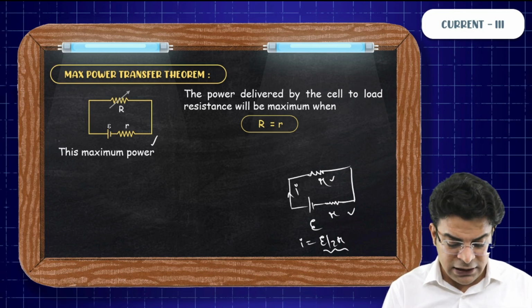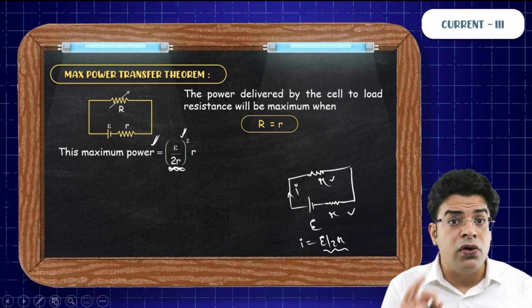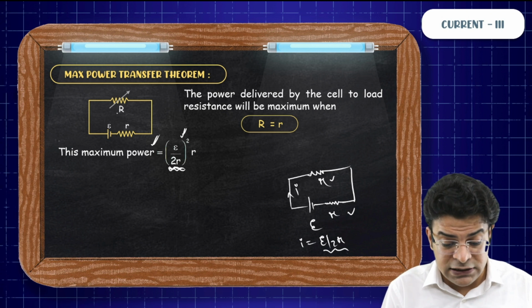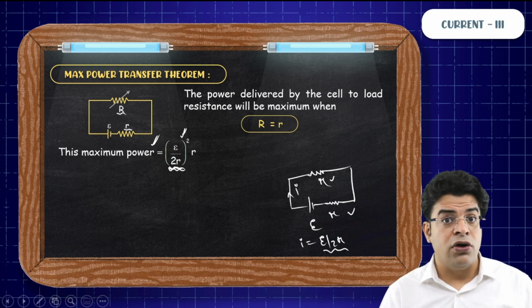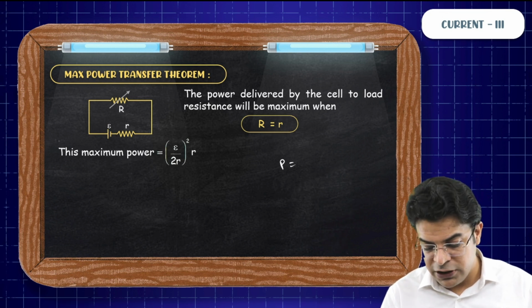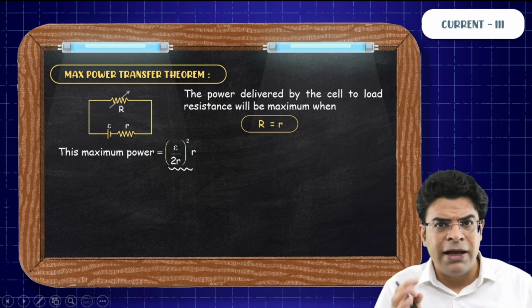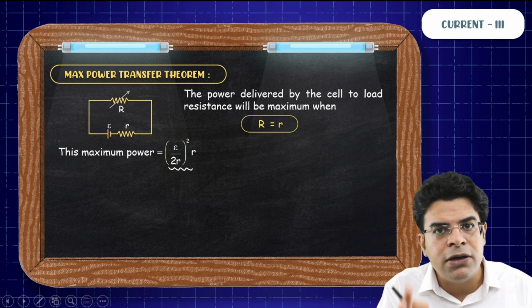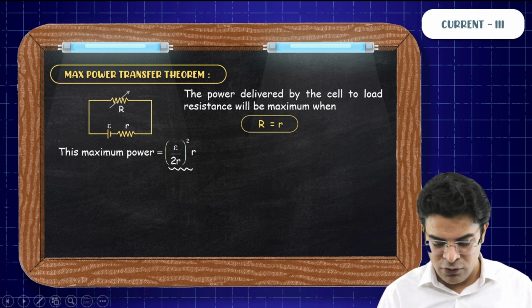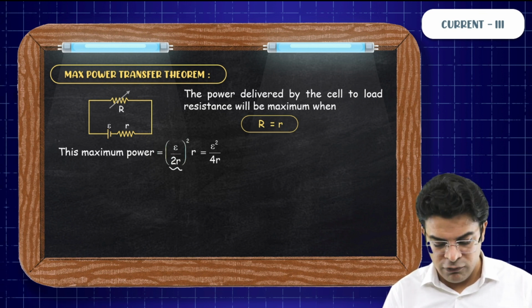So the maximum power dissipated equals the current flowing through the load resistor, whole square, into R. I have used power dissipated equals I square R. So the maximum possible power that can be dissipated by the load resistance is E square by 4R. Okay, just solve it out.